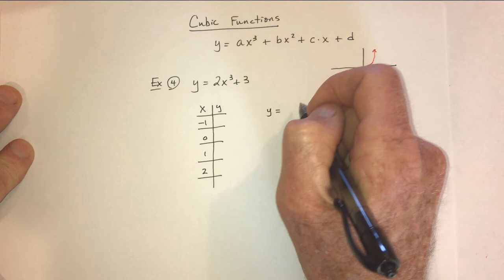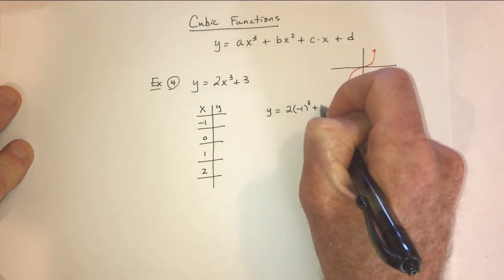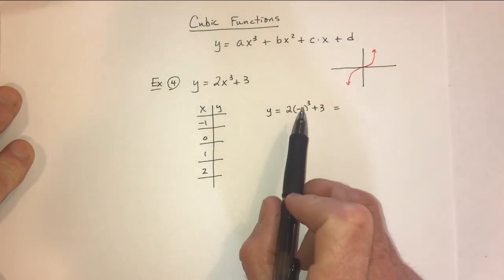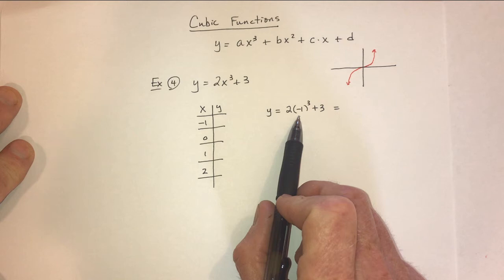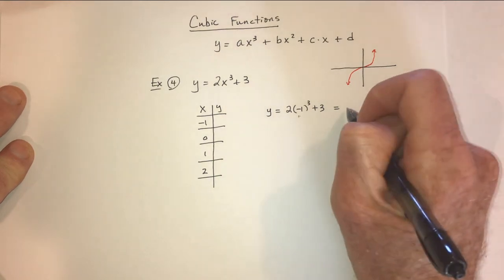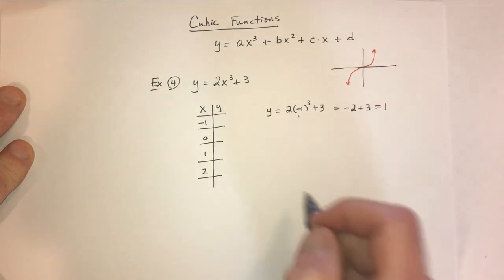First of all, when you substitute a negative 1, so 2 and then negative 1 is cubed plus 3. So this means negative 1 times negative 1 times negative 1. And 3 negatives in a row is negative, so that's going to be negative 1 times this. So it leaves negative 2 plus 3, 1.